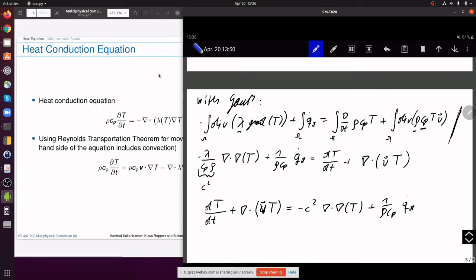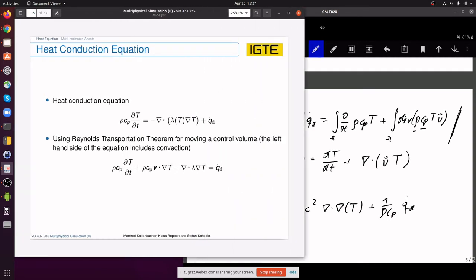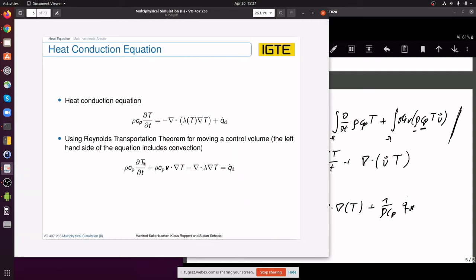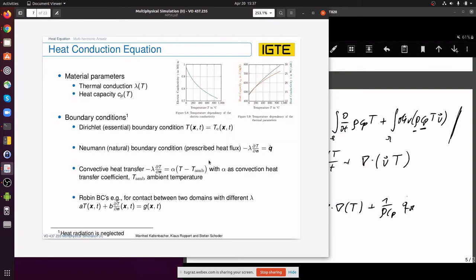Okay, so this is the final form of the convection diffusion equation, so the heat PDE with convection. That's the way to obtain this formula, and it's all based on the Reynolds transport theorem and on Gauss's law. So that's not a big deal.